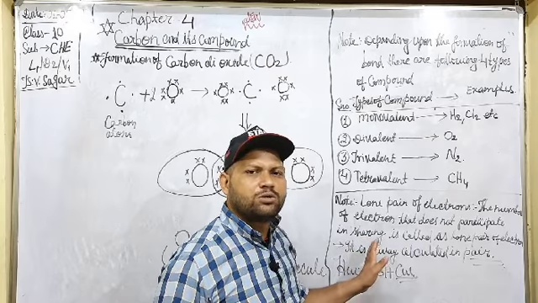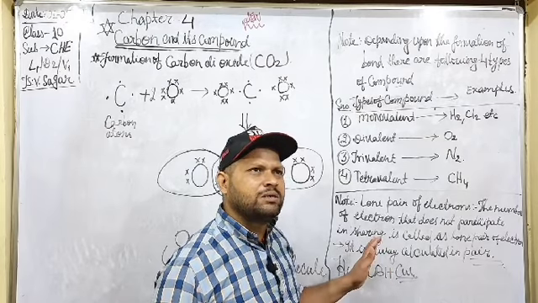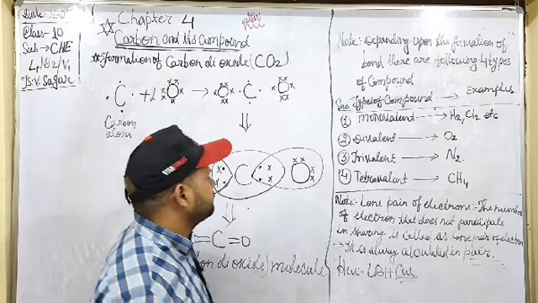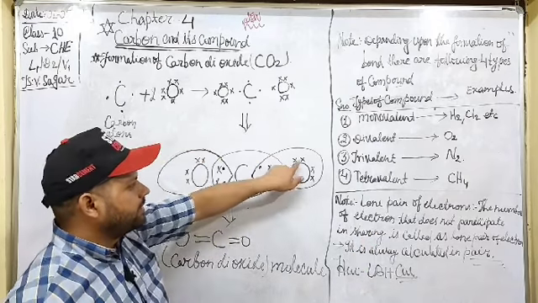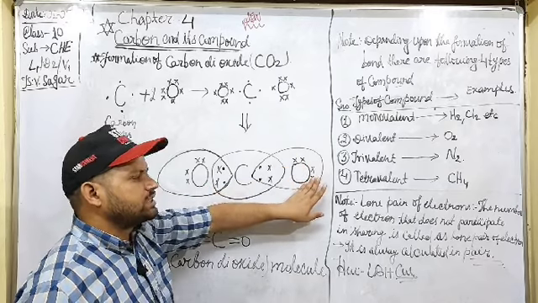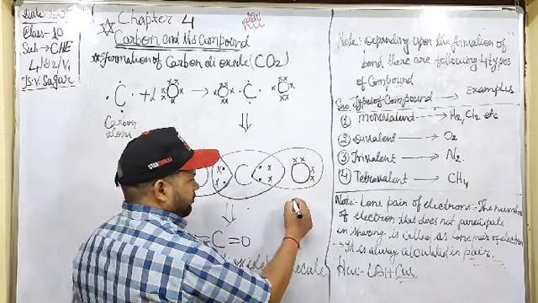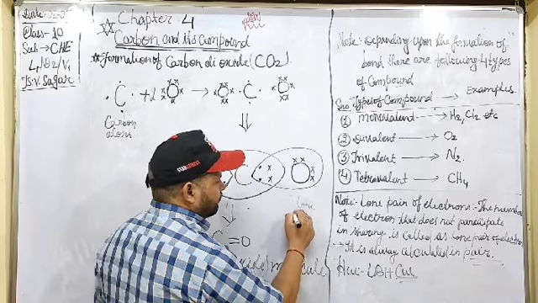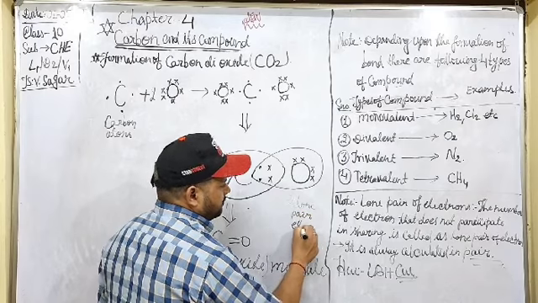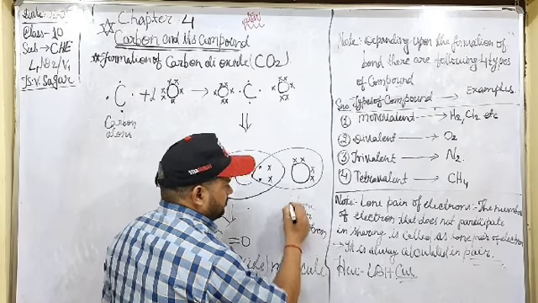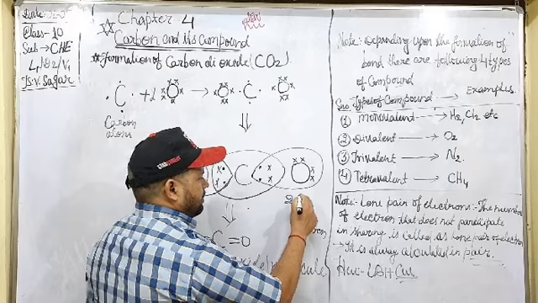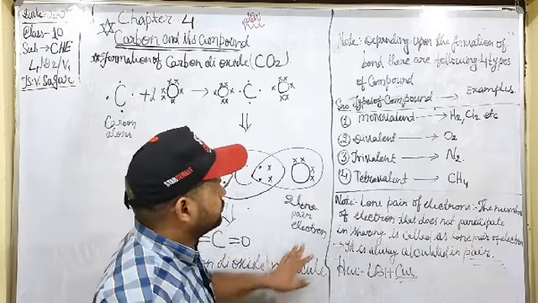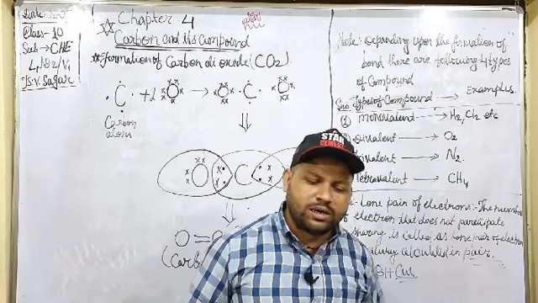So it is called a lone pair of electrons. We always count it as a pair. Understood? As for example, here 4 electrons are left, so 2 lone pairs of electrons remain here.